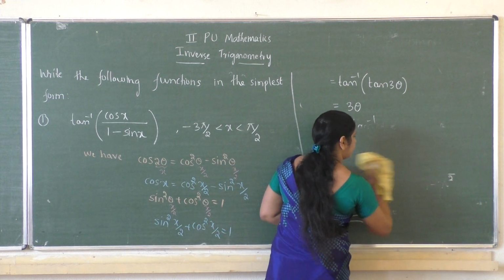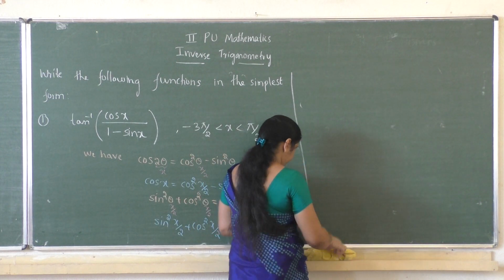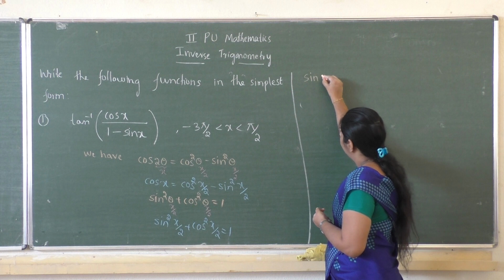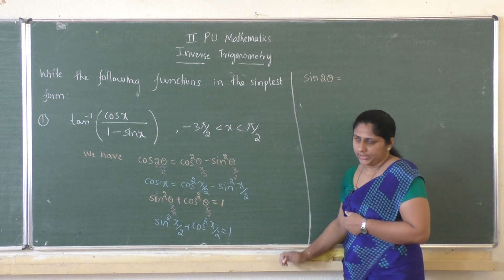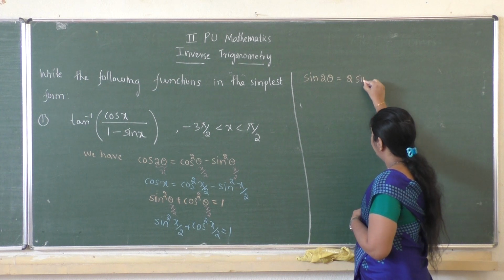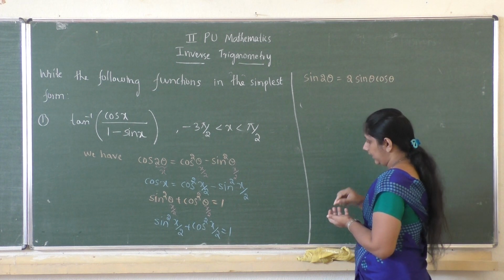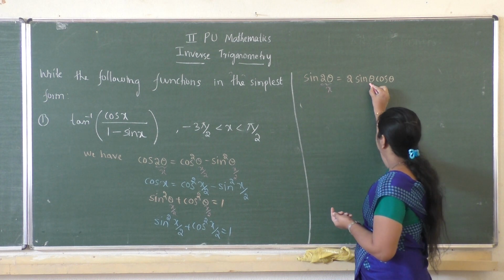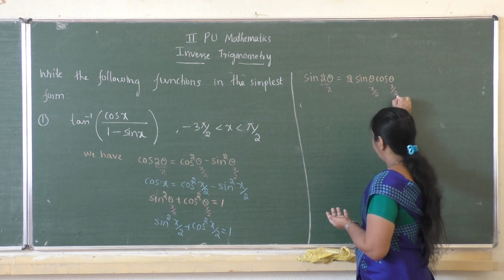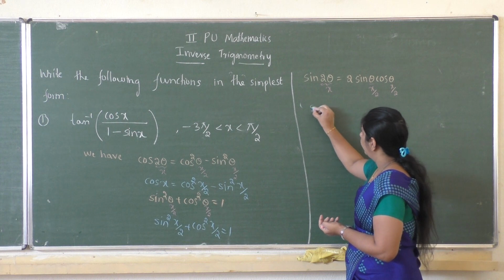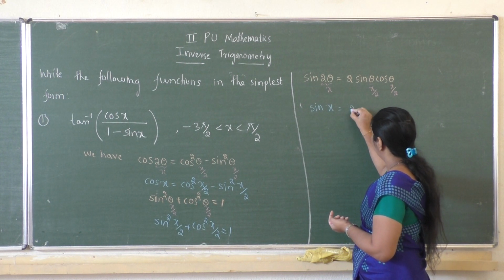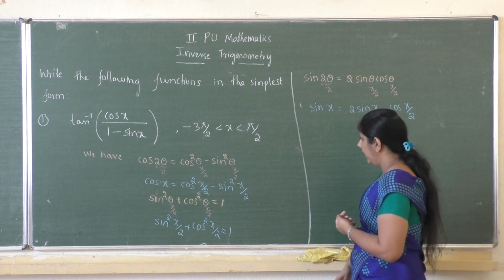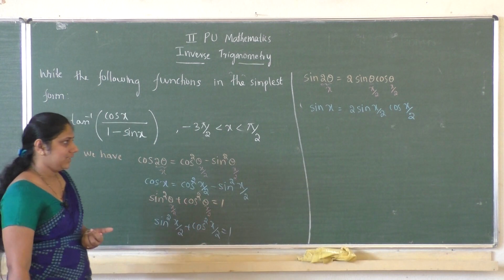Again, we have the formula for sin 2 theta. It is 2 sin theta cos theta. Now if I take 2 theta equal to x, then theta will be x by 2. So the formula can be written as sin x equal to 2 sin x by 2 cos x by 2.